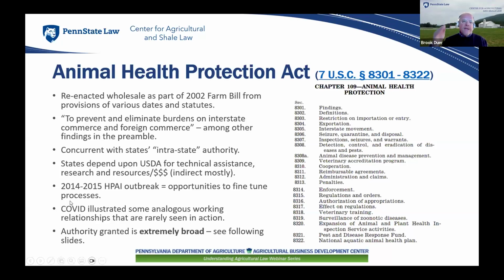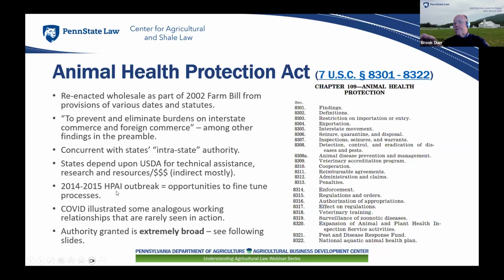But the preparedness and the actions that were taken and have been taken since 2022 were so much more coordinated and smoother, and there was just so much that was learned from the prior outbreak, and USDA did a lot of work on their regs and all of their internal procedures between the 2015 outbreak and the 2022 outbreak. So there was the practice in 2015 that was obtained. Unfortunately, it was real, and a lot of economic devastation.